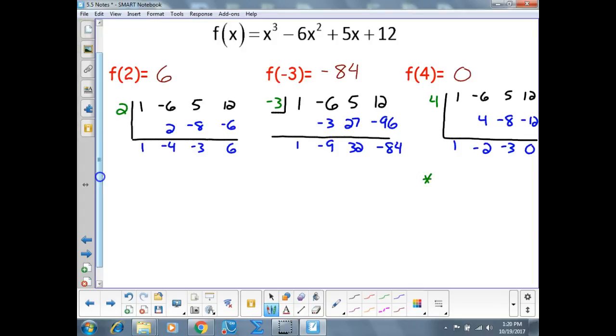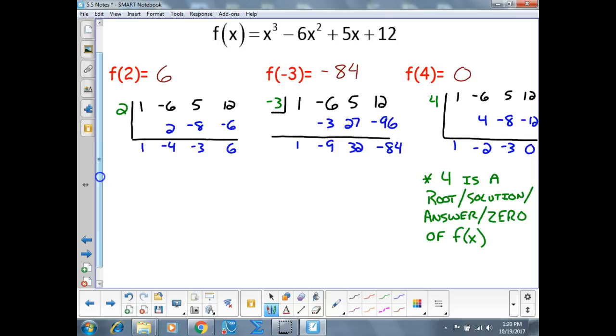First off, that tells me that 4 is a root, a solution, an answer, and what's the other one I'm thinking of? 0 of f of x.